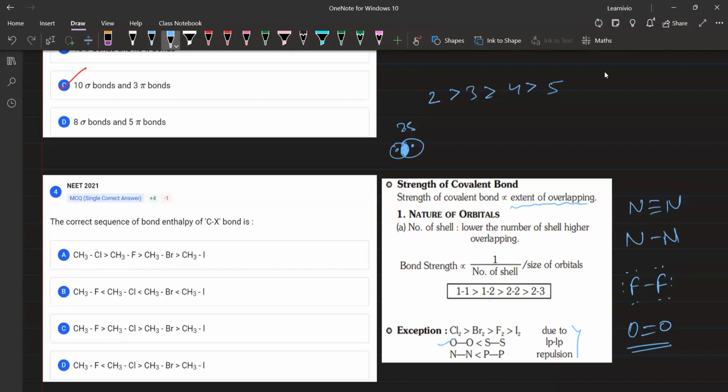Okay. So try this one. The correct sequence of bond enthalpy of C-X bond. Bond enthalpy means which one is having the highest bond strength. इसका bond strength ज्यादा है, उसी की bond enthalpy भी ज्यादा होगी.